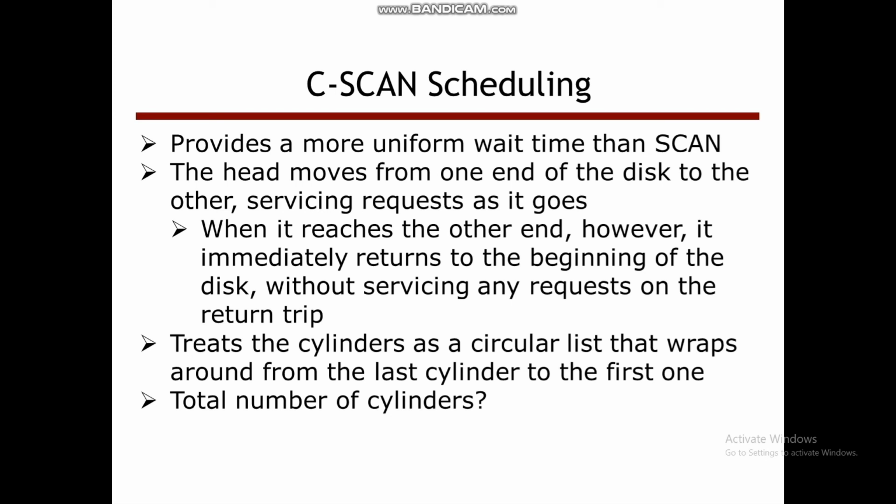We can overcome this drawback with circular scan scheduling, which is designed to provide a more uniform wait time. The algorithm moves the head from one end to the other end of the disk, servicing all the requests along the way, and when the head reaches the other end, it immediately returns back to the beginning. We will see how it works.